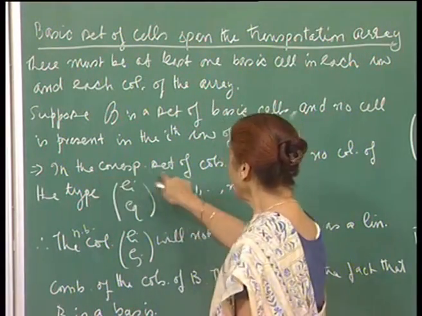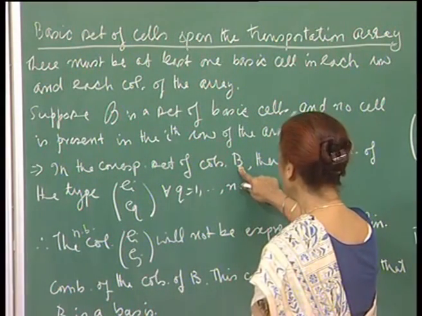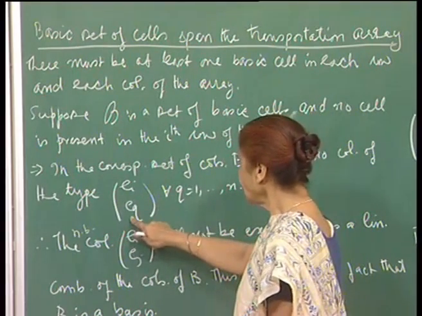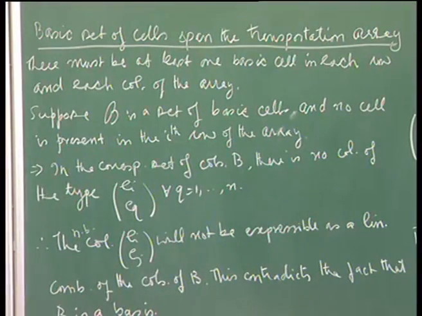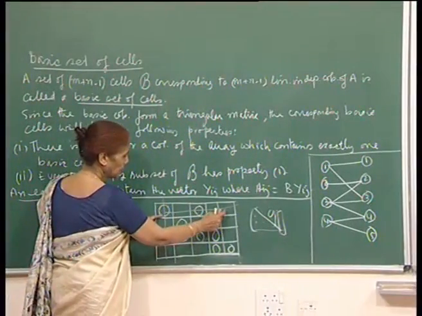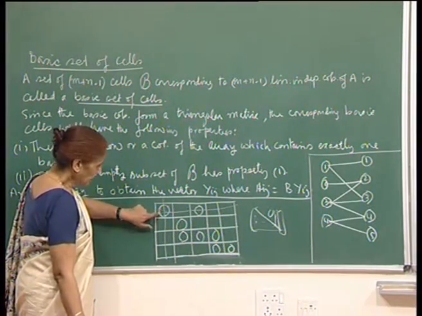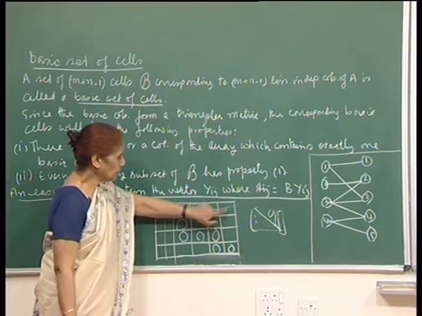That means in the corresponding set of columns B, which is the basis for the matrix A, there is no column of the type e_i e_q. Because if there is no cell present, say for example, in the first row here, that means I do not have columns of the kind e1 e1, e1 e2, e1 e3, e1 e4, e1 e5.